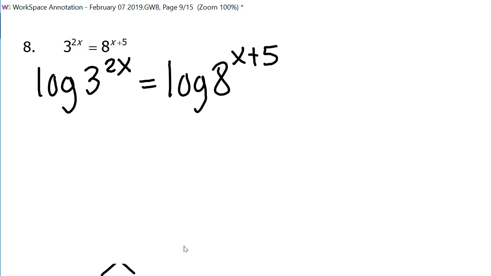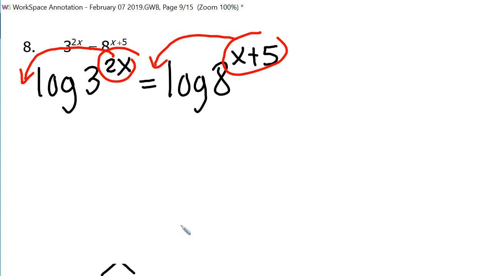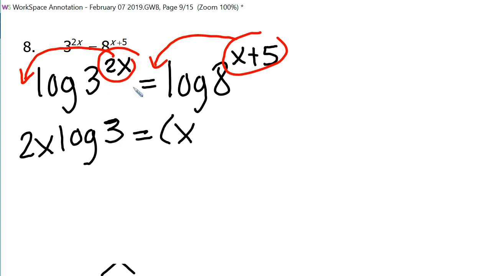So your exponents, pull them out front as a coefficient. So the 2x, pull it out front. X plus 5, pull it out front. So this would be 2x times the log of 3 equals x plus 5 is a binomial, so make sure your binomial stays grouped in parentheses.